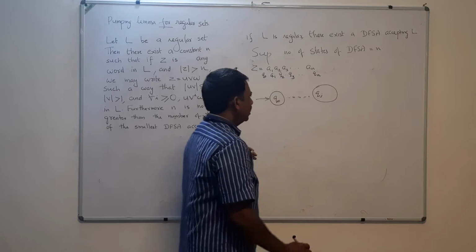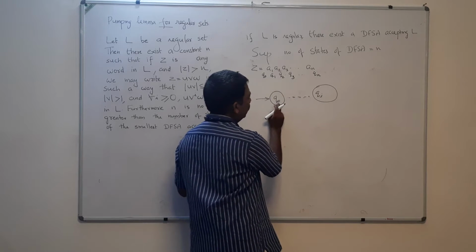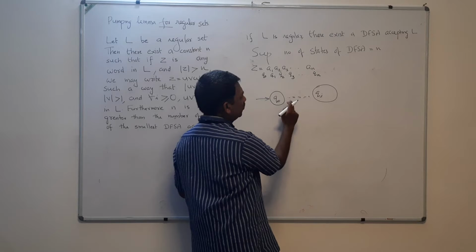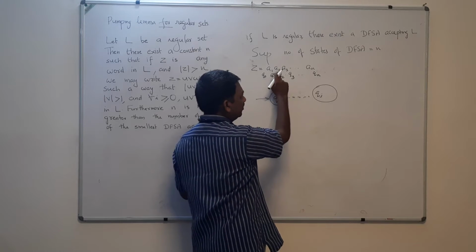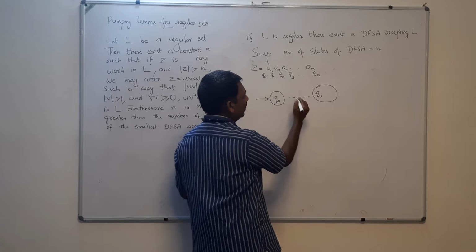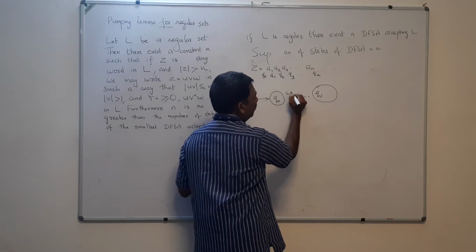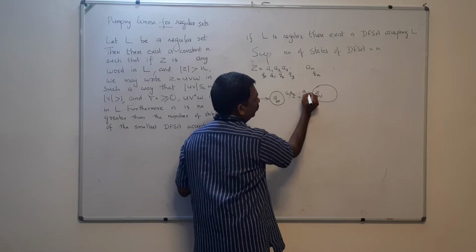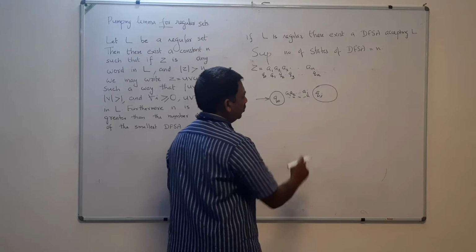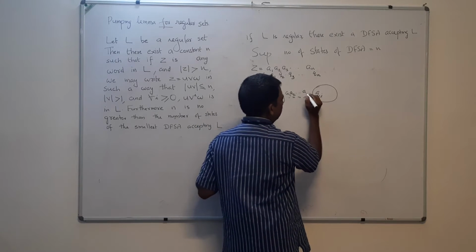Here, Q0 after accepting A1 moves on to Q1. After accepting A2 it moves to Q2, and so on, up to Ai.